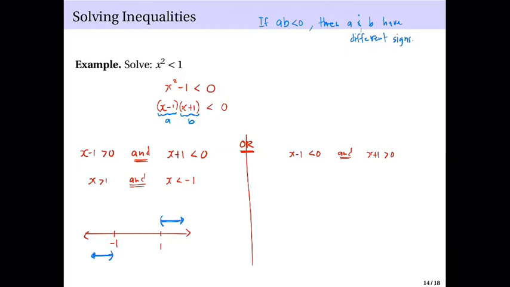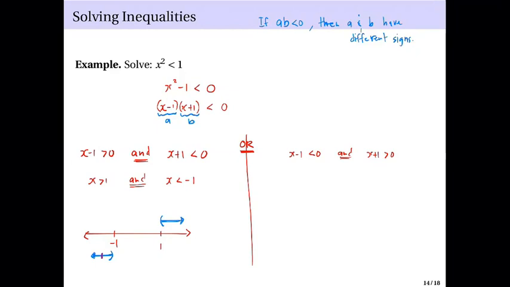But look, you want and, meaning it must be satisfied by both inequalities here. If I get my x somewhere here, it is satisfied by this inequality, but not this inequality.